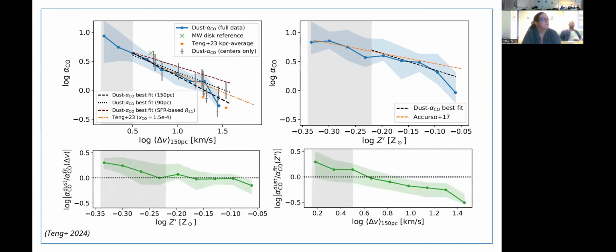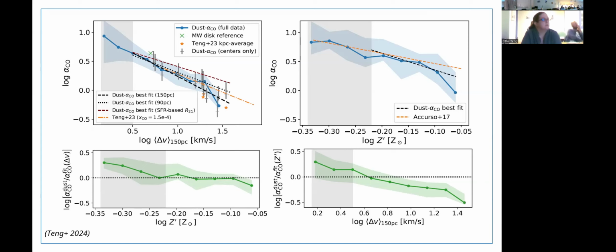So in the bottom panel, we correlate the residual from our fit with metallicity here. And on the right, we did something similar, where we correlate the residual from the metallicity fit with velocity dispersion. So surprisingly, we found that there is almost no correlation between the residual from our prescription and metallicity.